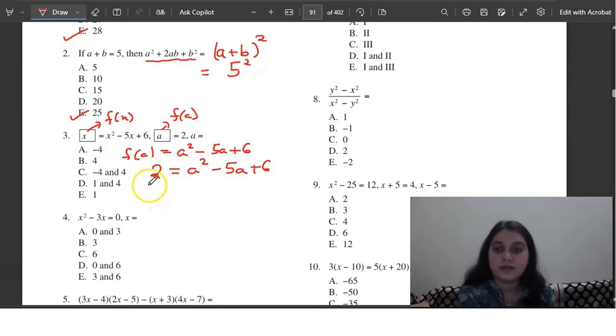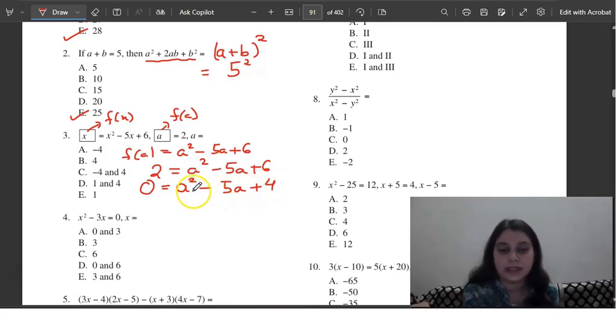We can bring all of these on one side. So 0 equals a square minus 5a plus 4. Now we want factors of 4 whose sum is going to be 5. That is 4 plus 1 is 5. So 0 equals a square minus 4a minus 1a plus 4. So 0 is equal to a minus 4, minus 1, a minus 4.